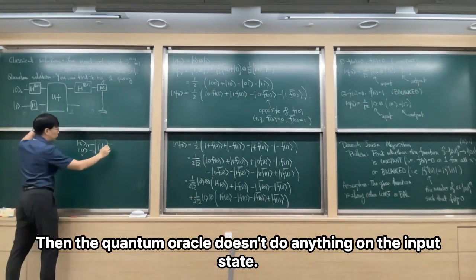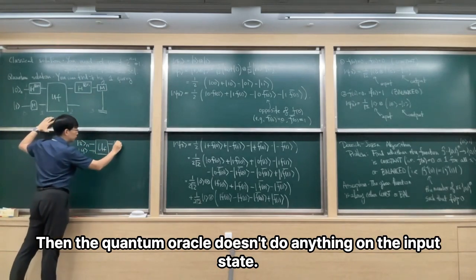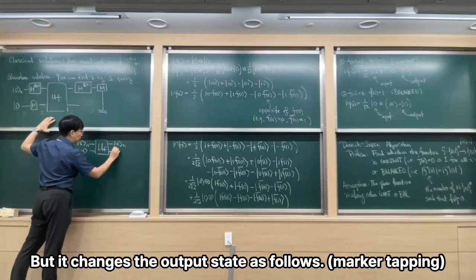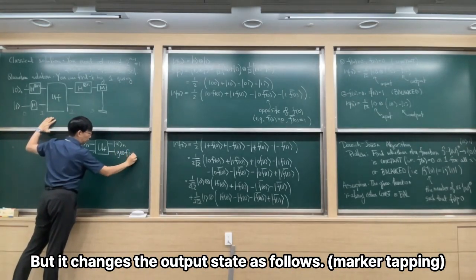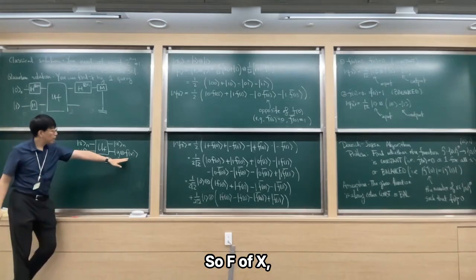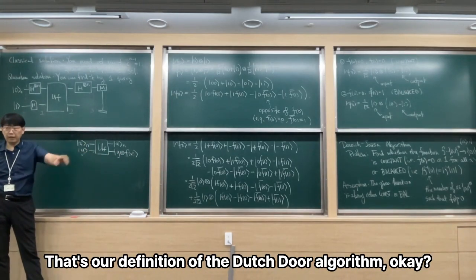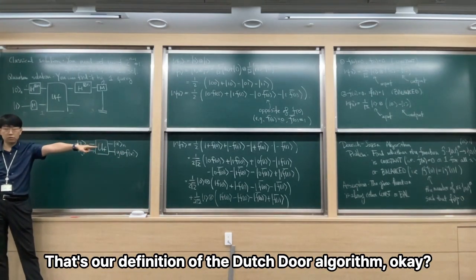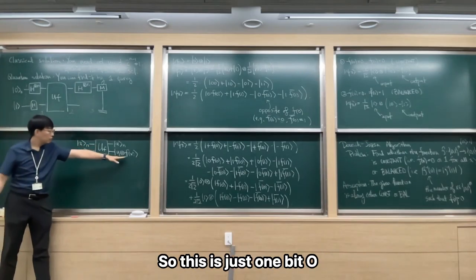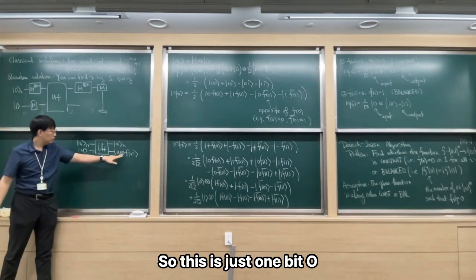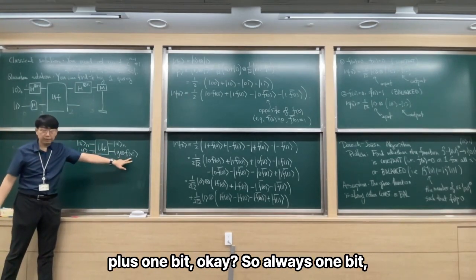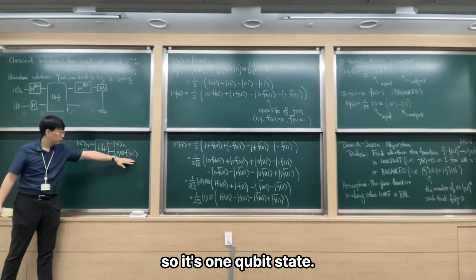The quantum oracle doesn't do anything on the input state, but it changes the output state as follows. f of x, the value of the function, is either 0 or 1. That's our definition in the Deutsch-Jozsa algorithm. So this is just 1 bit XOR 1 bit, so it's always 1 bit. So it's a 1-qubit state.